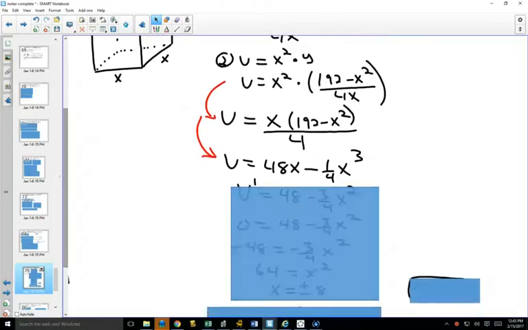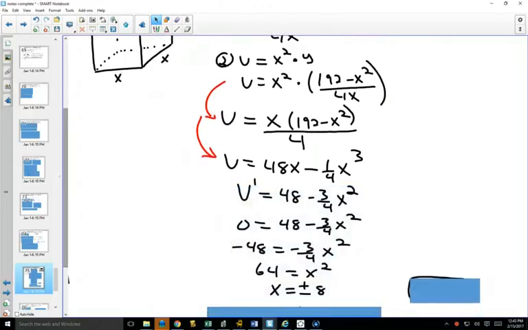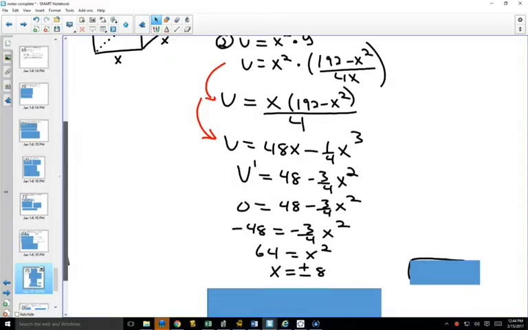Now that it's in that form, I can take my derivative and set it equal to 0. Of course, you get plus or minus 8.